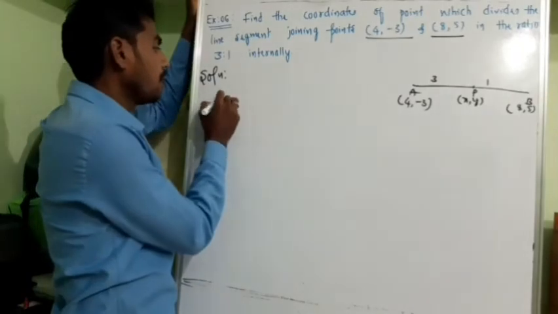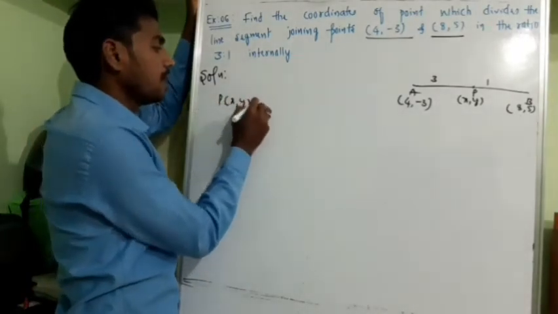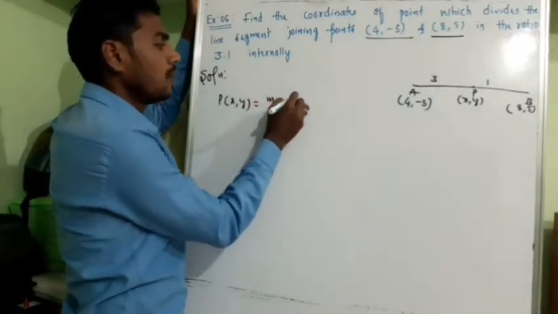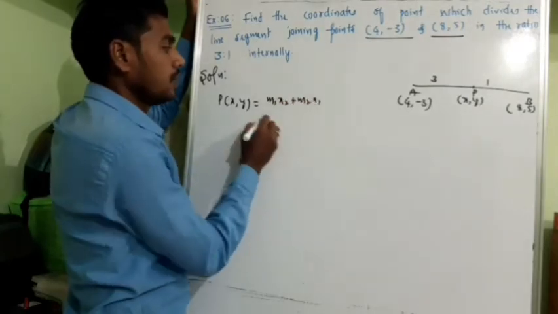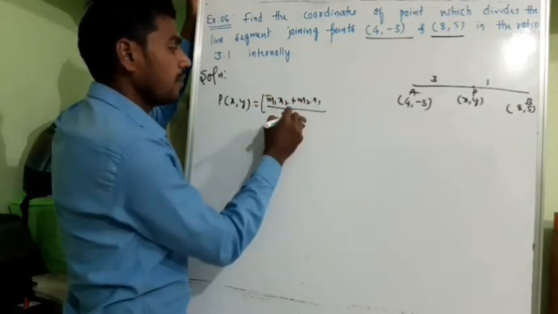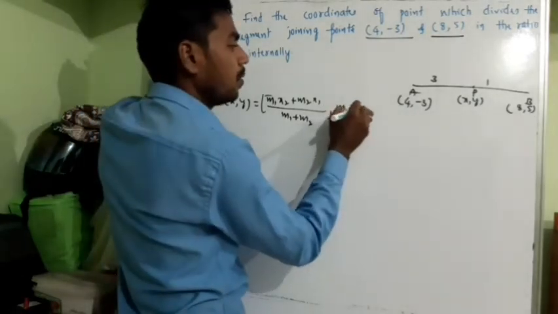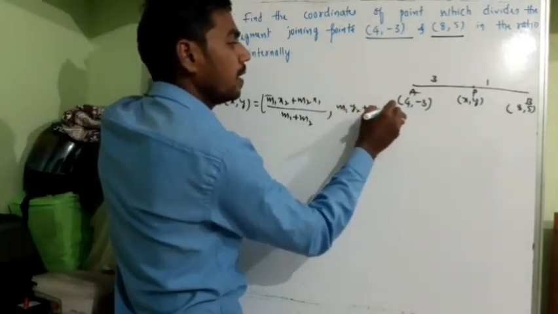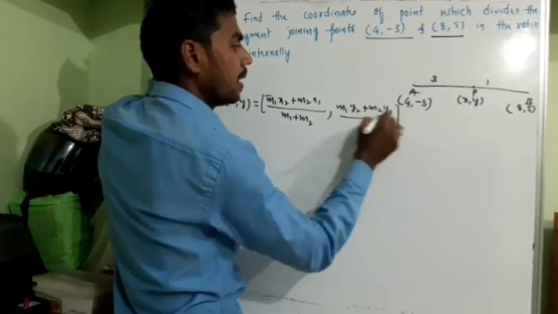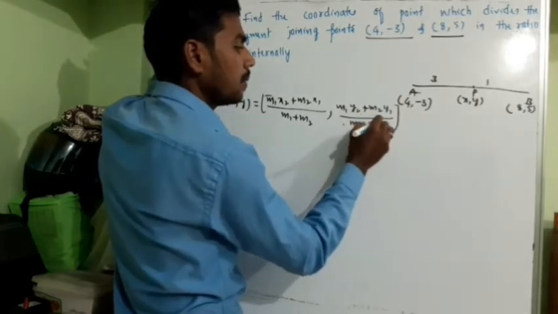So P of x y is equal to, we know the formula, m1 x2 plus m2 x1 divided by m1 plus m2, comma, m1 y2 plus m2 y1 divided by m1 plus m2.